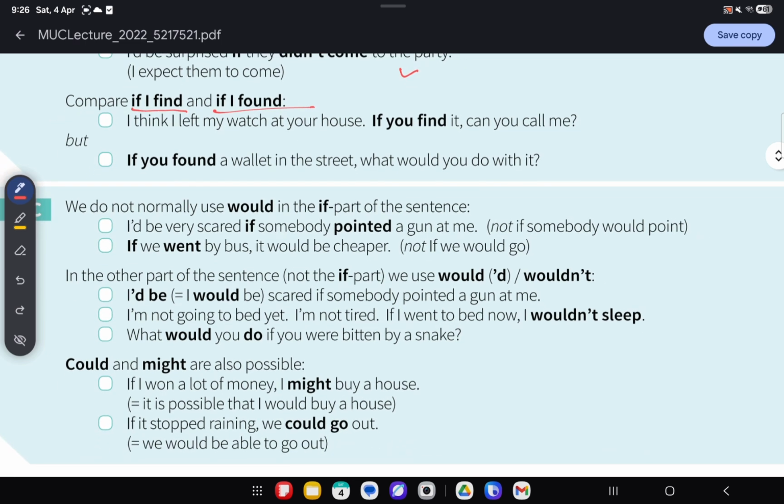For if, and what is the result or consequence, in the if part we use the past form.